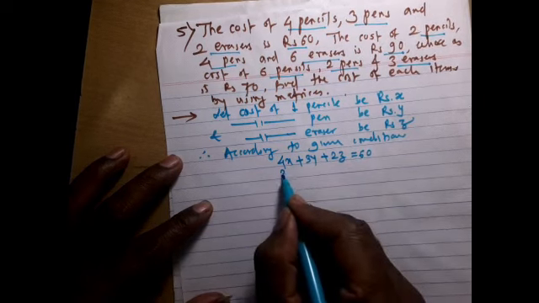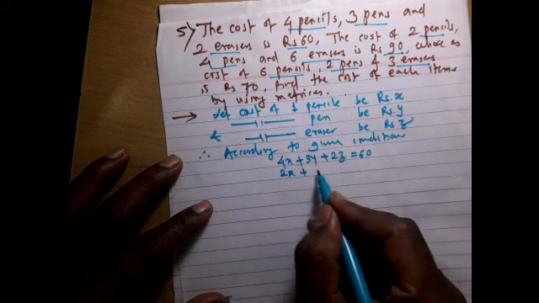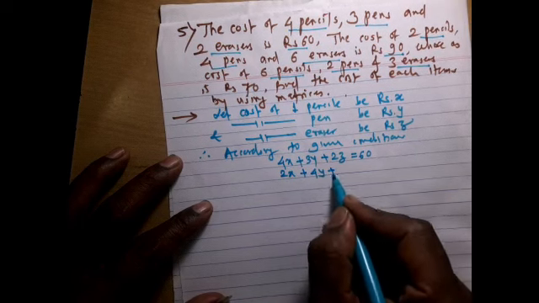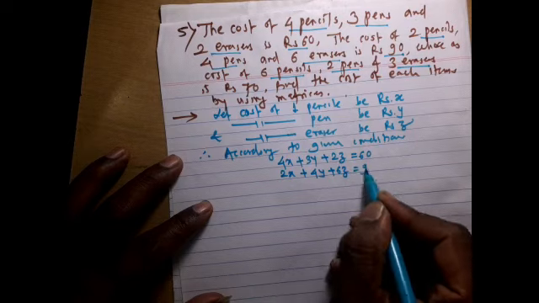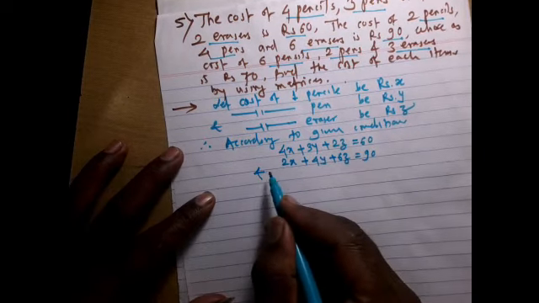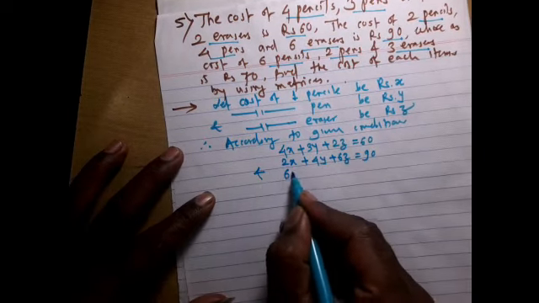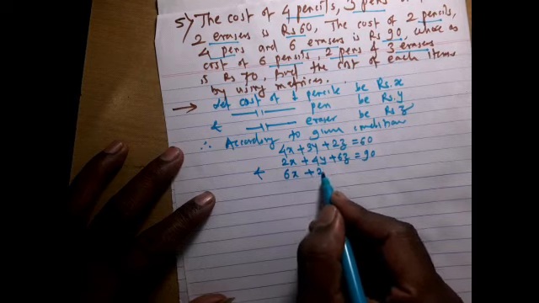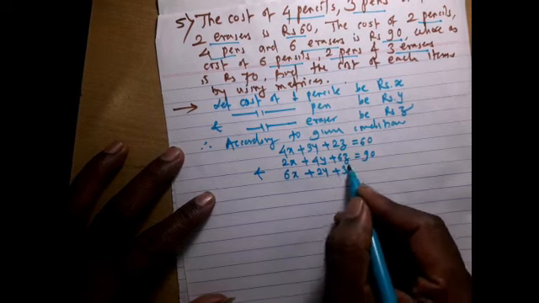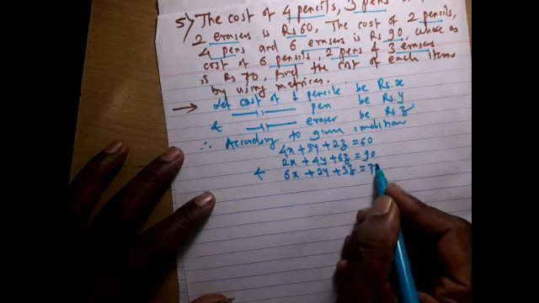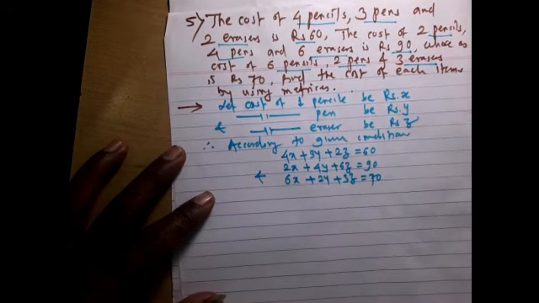Second, 2x plus 4y plus 6z is 90. And third, 6x plus 2y plus 3z is equal to 70.